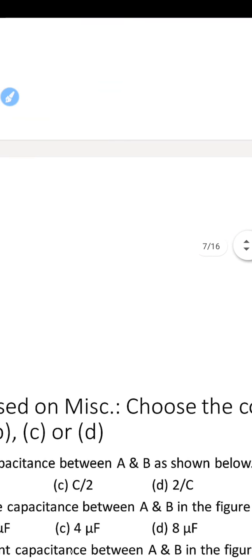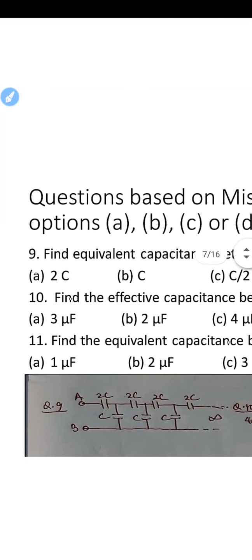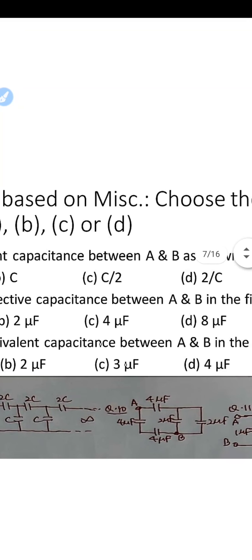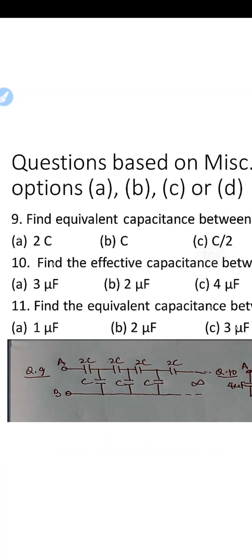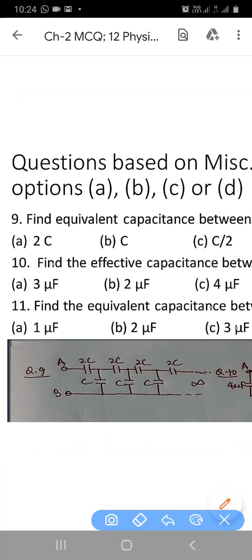Now next question, 9. Find the equivalent capacitance between A and B as shown below here. This is an infinite ladder network. For this circuit, the question is where to cut the section. If one section is cut from the infinite ladder circuit, there will be no effect on its equivalent capacitance.